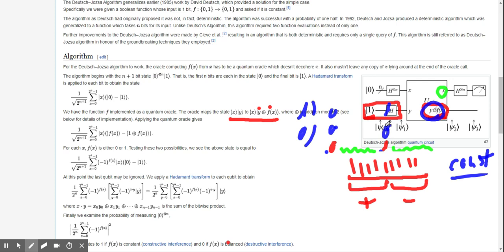And in that particular case, it should be destructive.